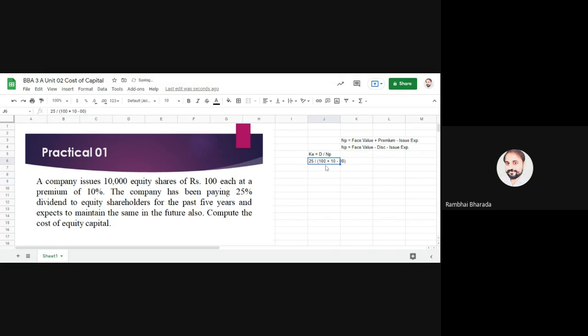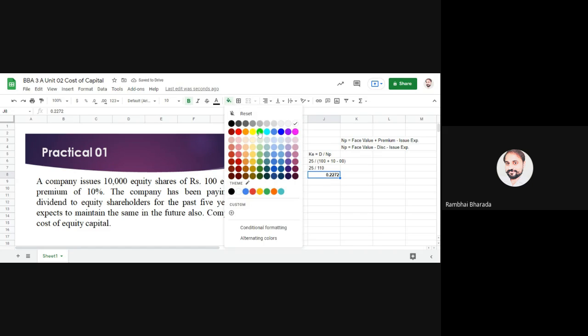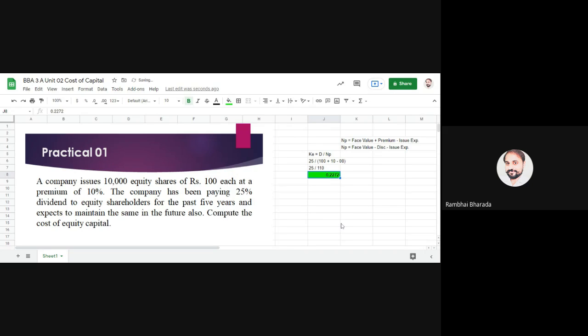Yes. D means dividend per share, 25 rupees. NP means face value plus premium minus issue expenses, 100 plus 10 minus 0. So 25 divided by 110, 0.2272. All of you will get this answer.